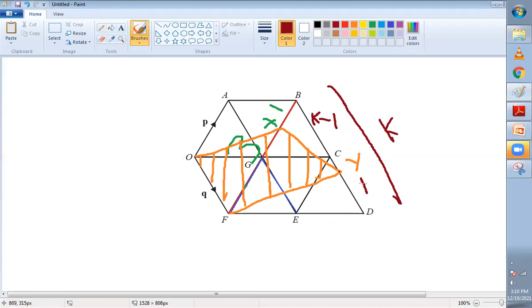And DY will be 1 by K of the DB, D to B. D to B is basically minus 2Q because they are parallel to this. So D to Y will be 1 by K of the minus 2Q.